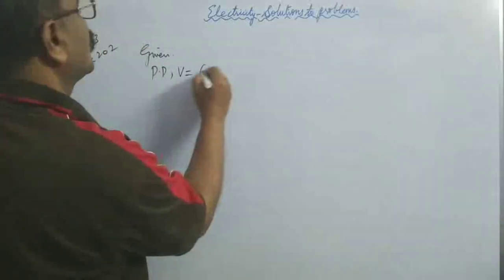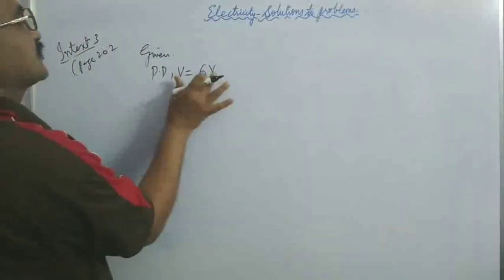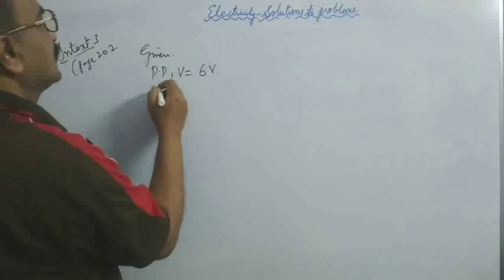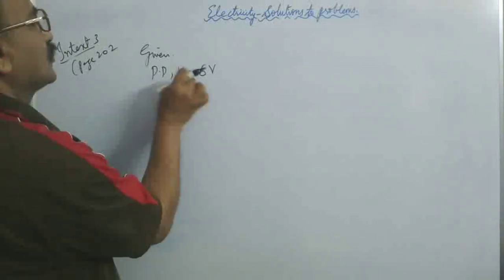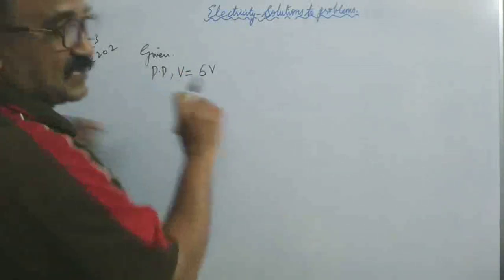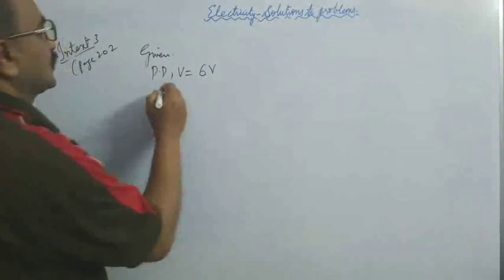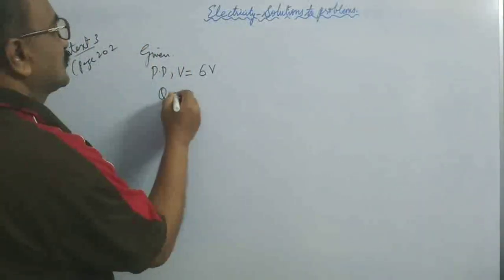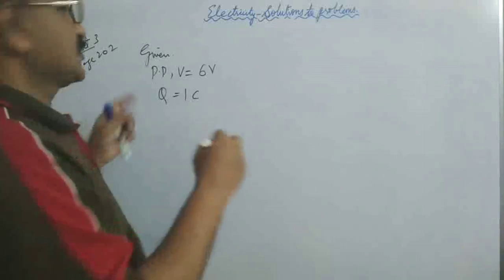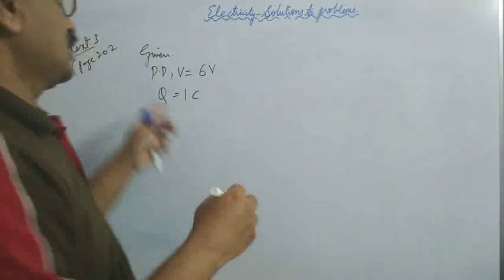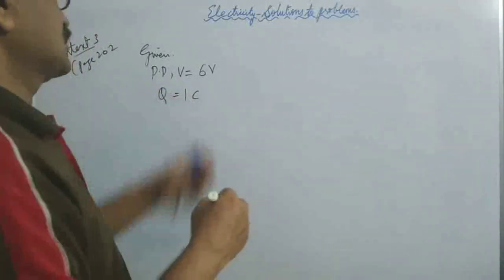It is 6 volt. The battery's potential difference, or electromotive force, is 6 volt, and the charge is moving now. The charge here is 1 coulomb, moving between 2 points.